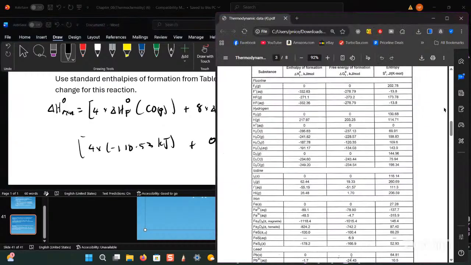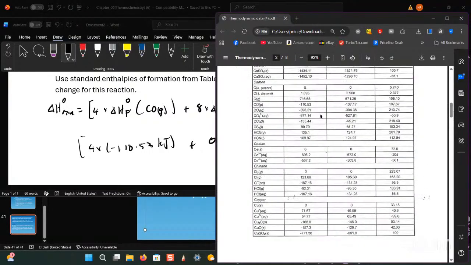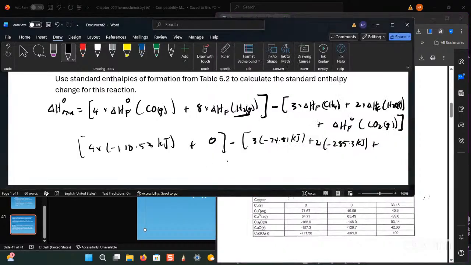Here, carbon dioxide gas, which is minus 393.51, so minus 393.51 kilojoules. All right, and then we do the number crunching.